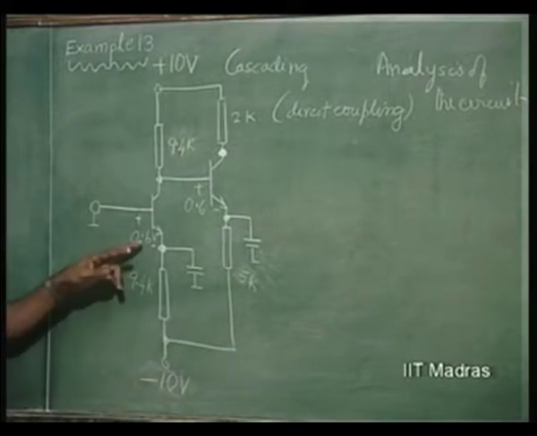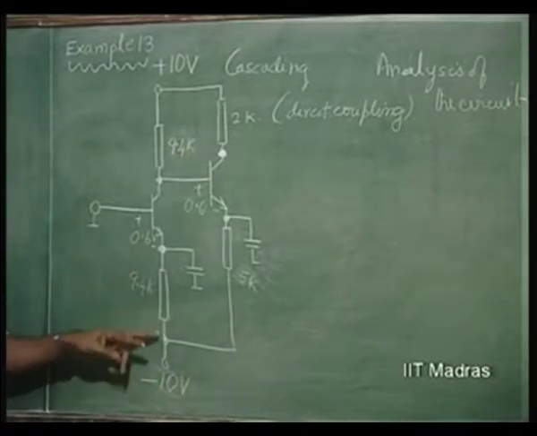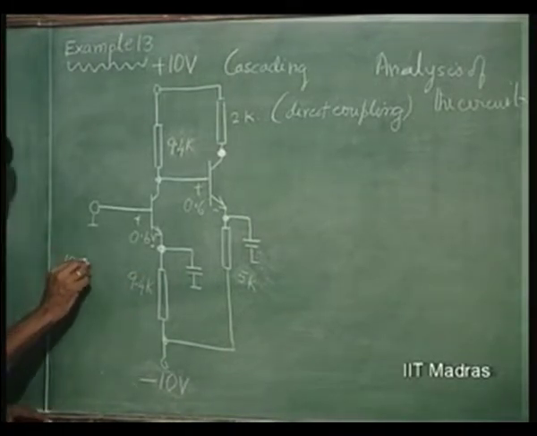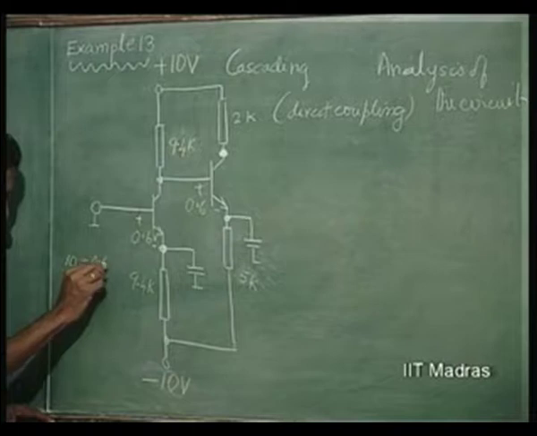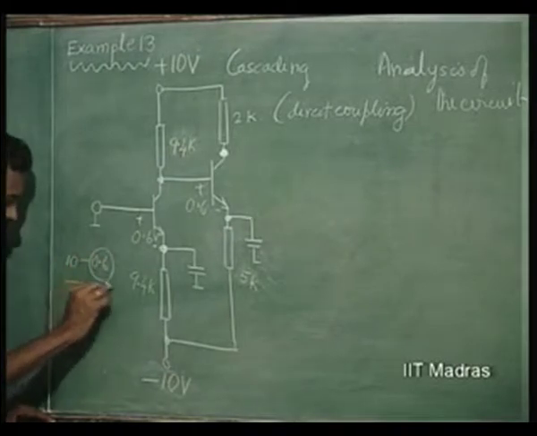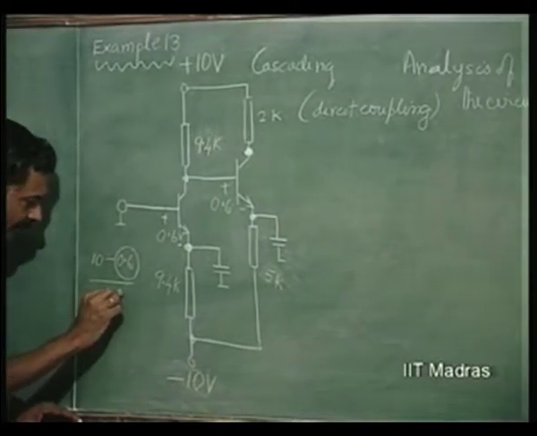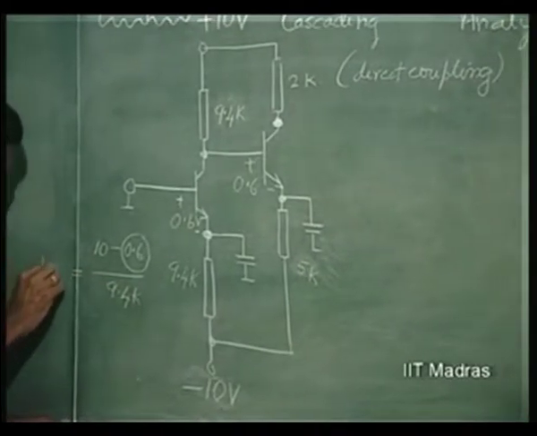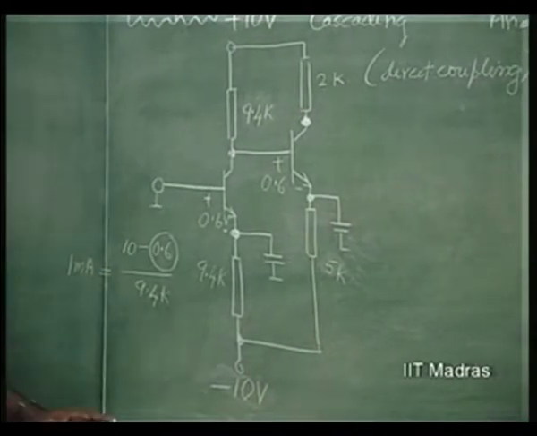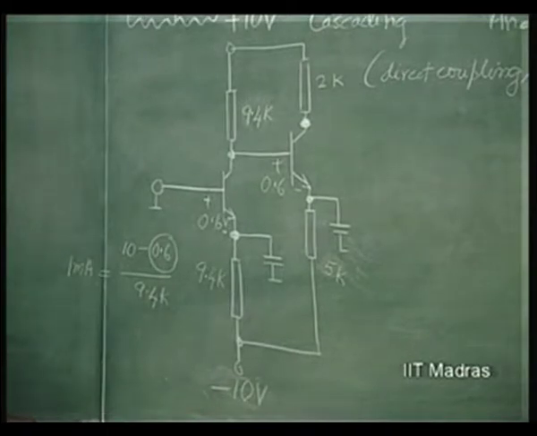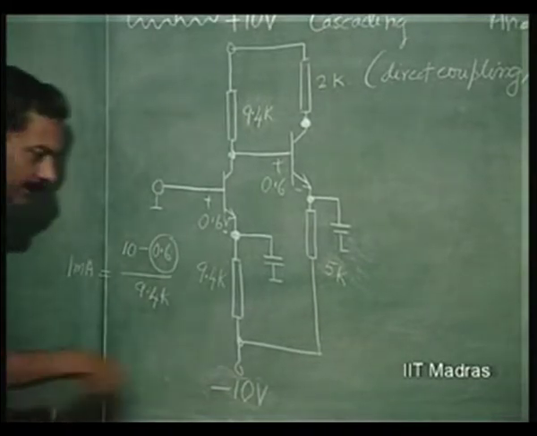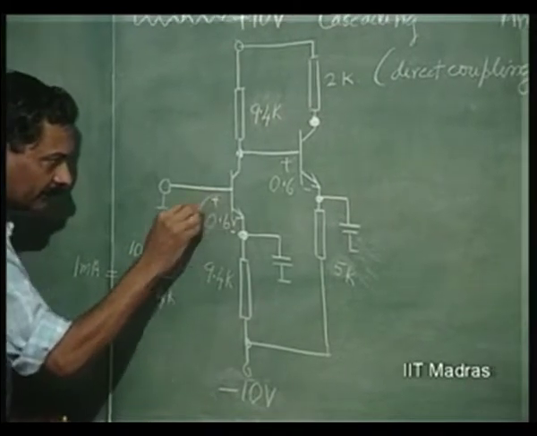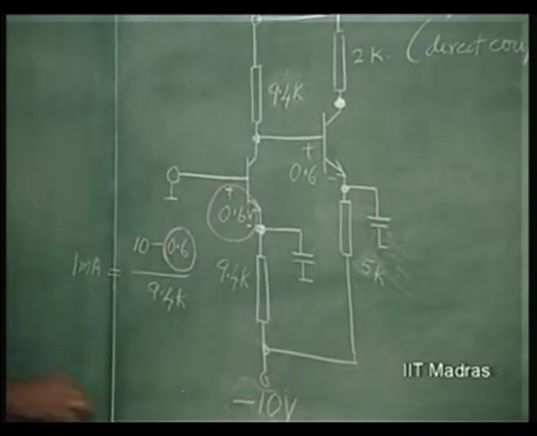So, 10 minus 0.6 is 9.4 divided by 9.4. So, let us just put down that 10 minus 0.6, this is important, divided by 9.4 K is equal to 1 milliampere. So, I am now illustrating this fact. I will highlight this later.